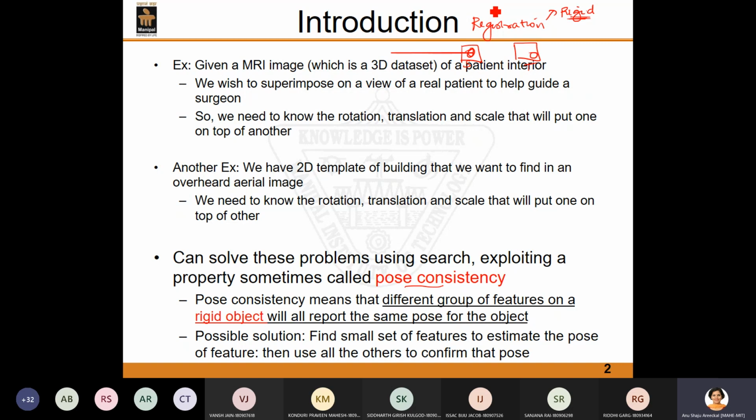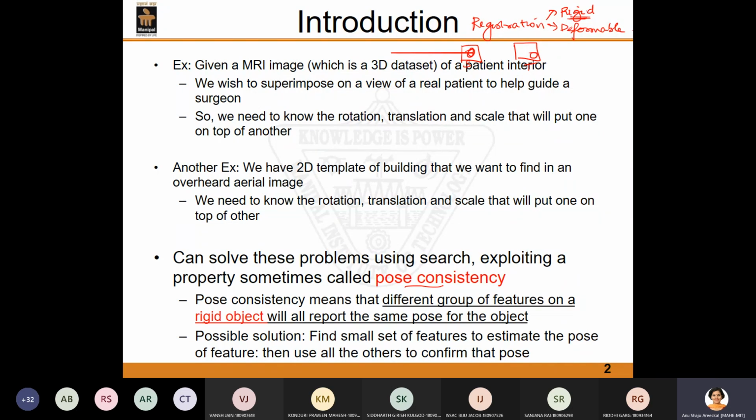Another type of registration which you have is the deformable registration. In deformable registration, we assume that the object we are considering has changed its shape over the different images, or when taking multiple shots of the same scene, the object tends to change its shape.